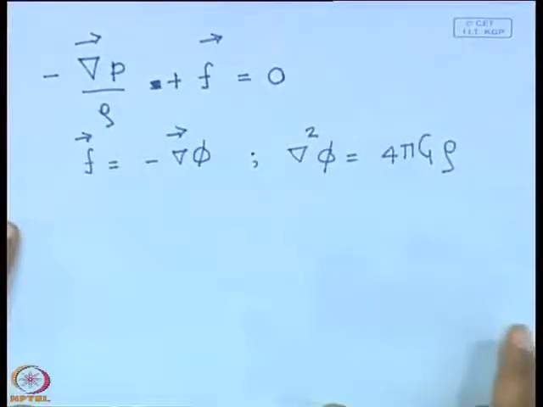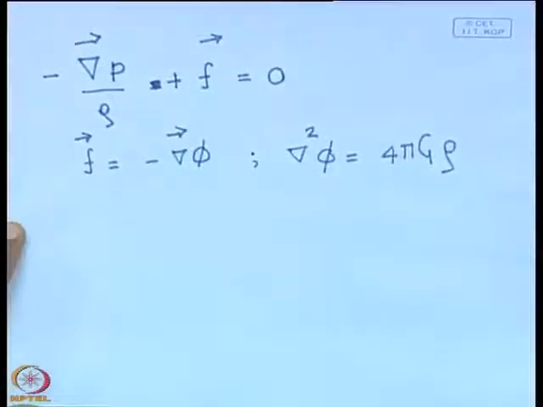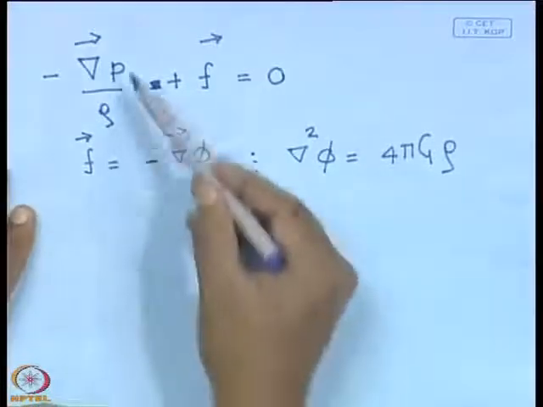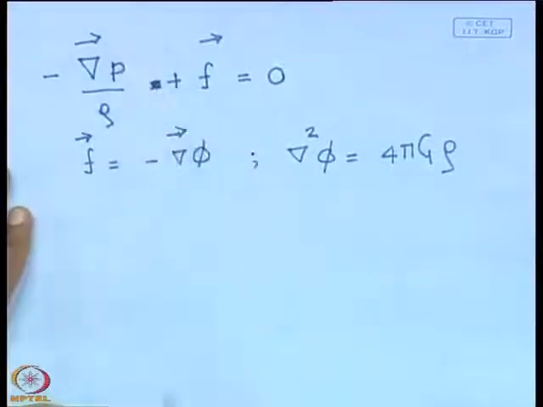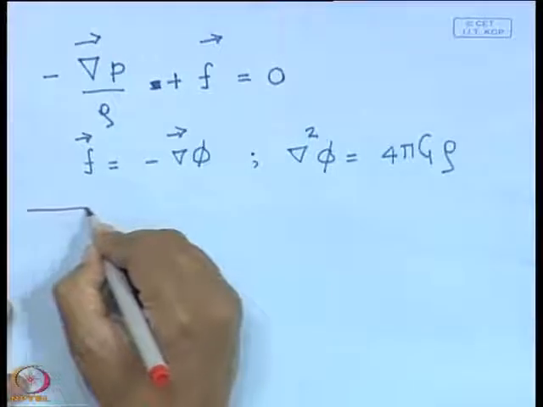Now, in order to solve this equation, we need to know what the density is. We need some relation. See, there are two unknowns, there is the pressure and there is the density. We shall start off with a very simple assumption. Our assumption here is that the density inside the sun is a constant.